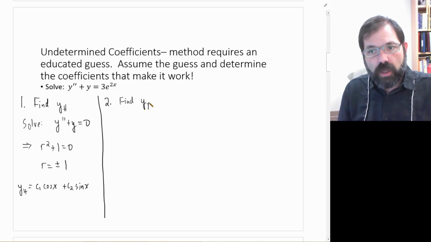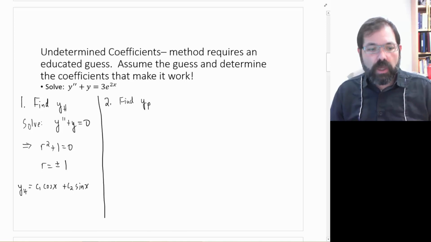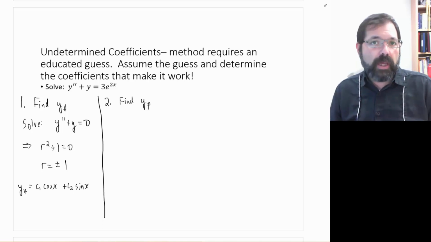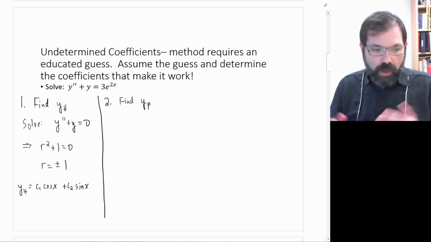Second, we need to find the y sub p. For undetermined coefficients, we make an educated guess. We are adding a function to its second derivative, and we get back some function involving an exponential.